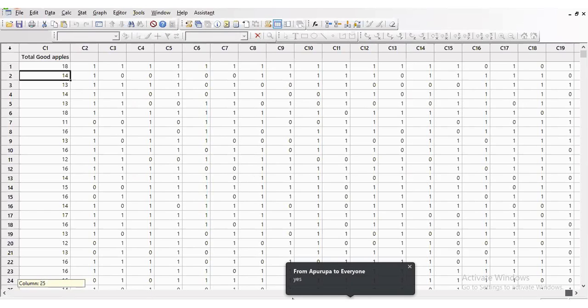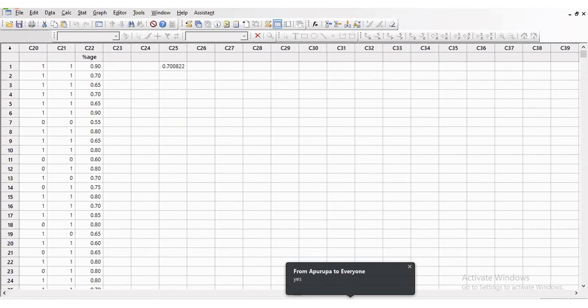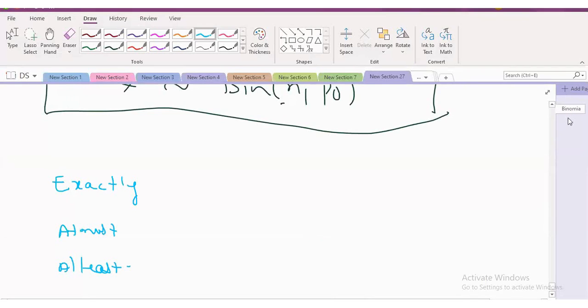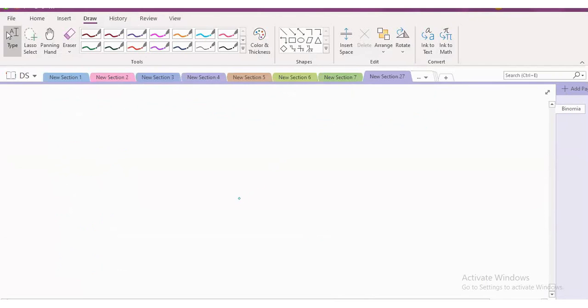Now, let's look at it. If I want to plot the histogram, I mean the bar chart, how should I do it for this X? I need to do it like this. X is the total number of good apples.